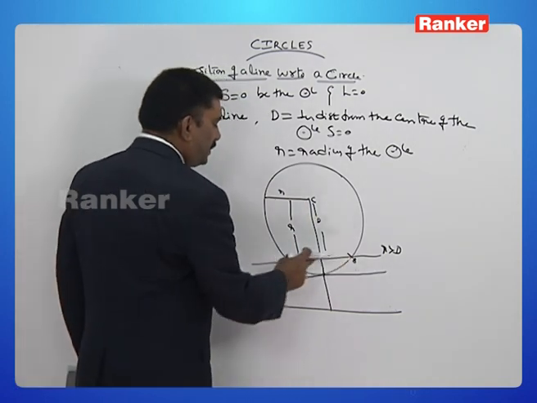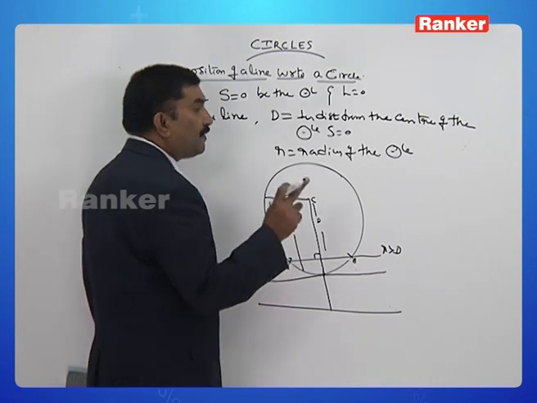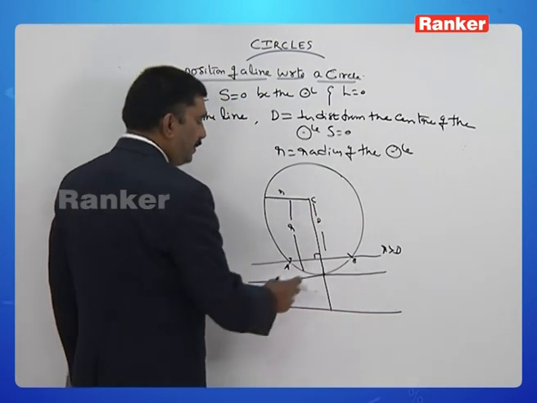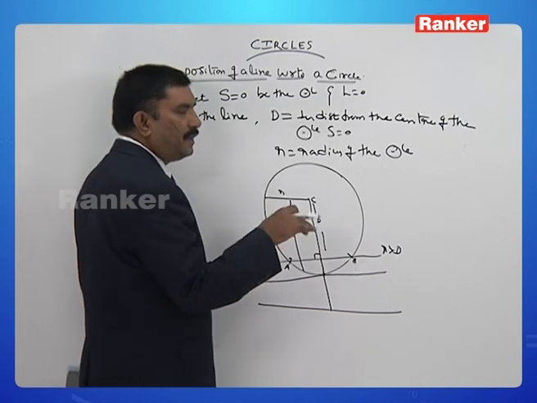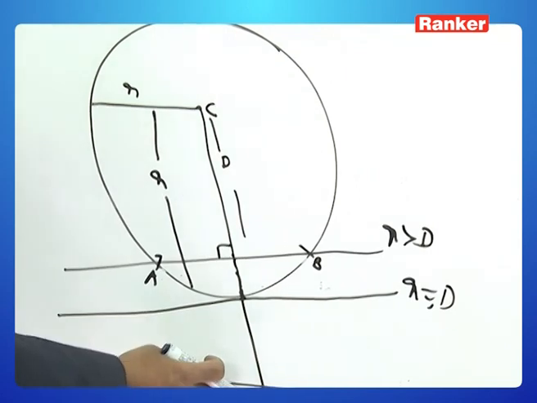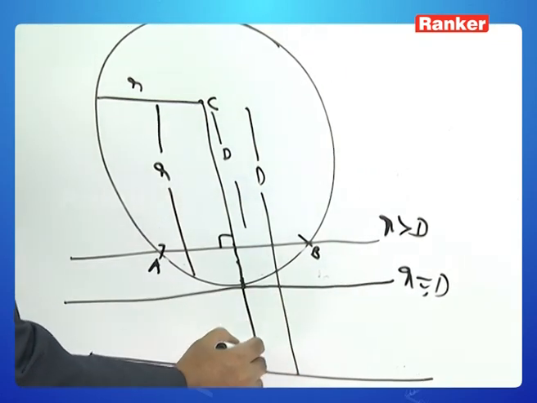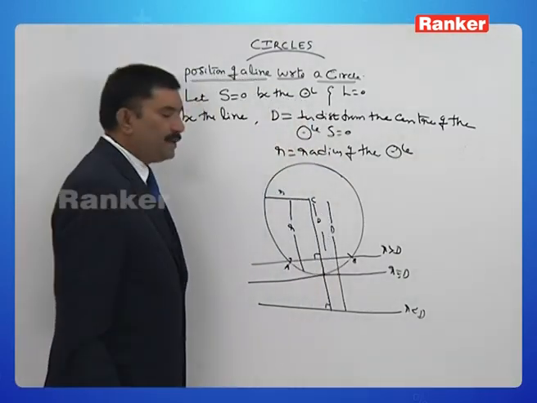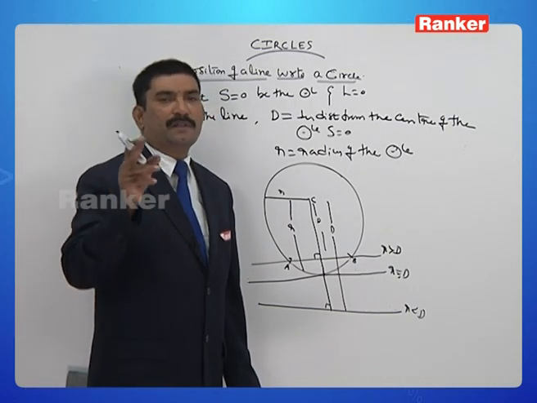When the line cuts a circle in 2 points, the roots are real and distinct, therefore R greater than D. Next, when the line touches the circle, the roots are real and equal, so therefore R is equal to D. When the line neither touches nor intersects, correct or not? This is R less than D.